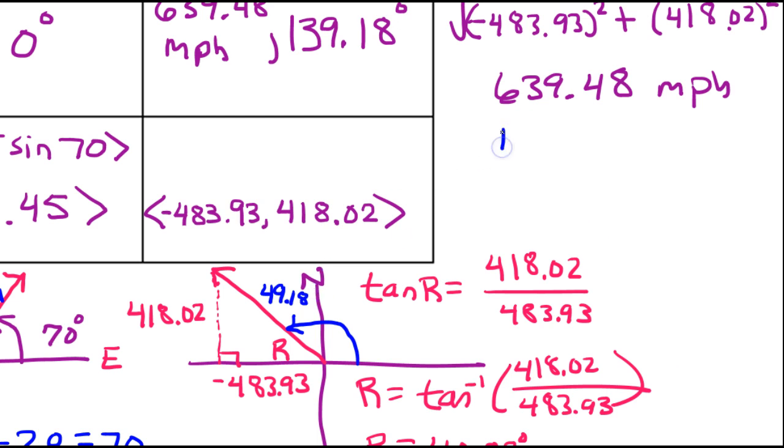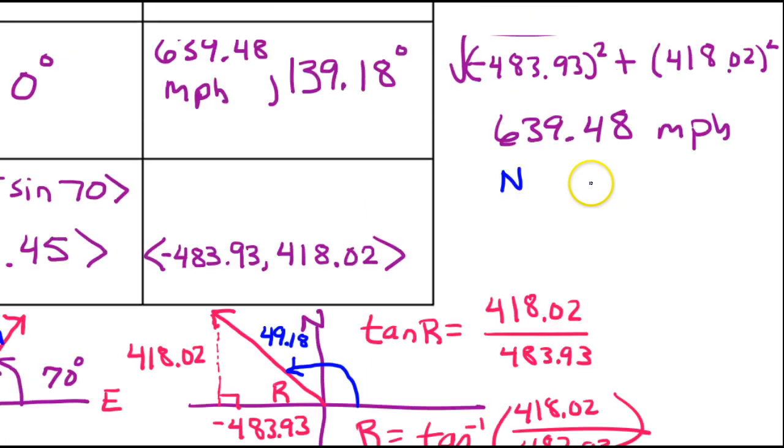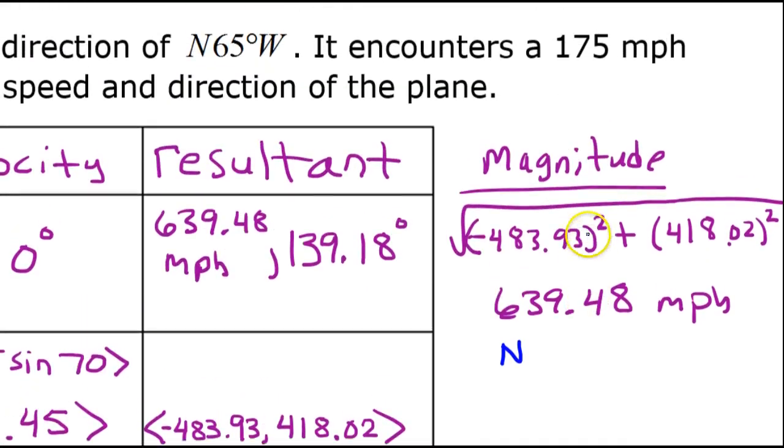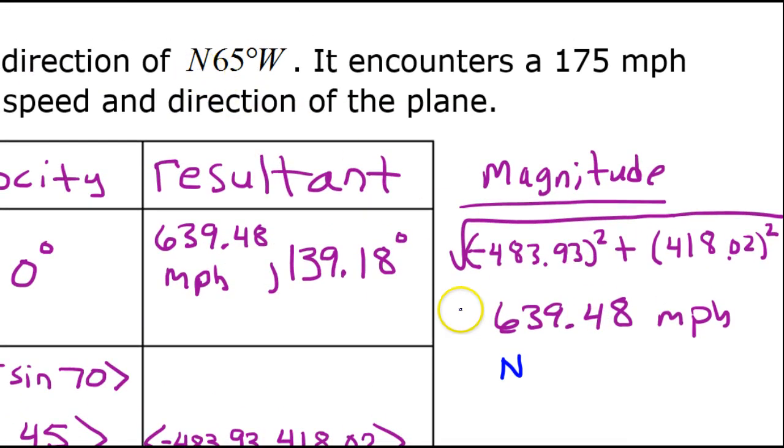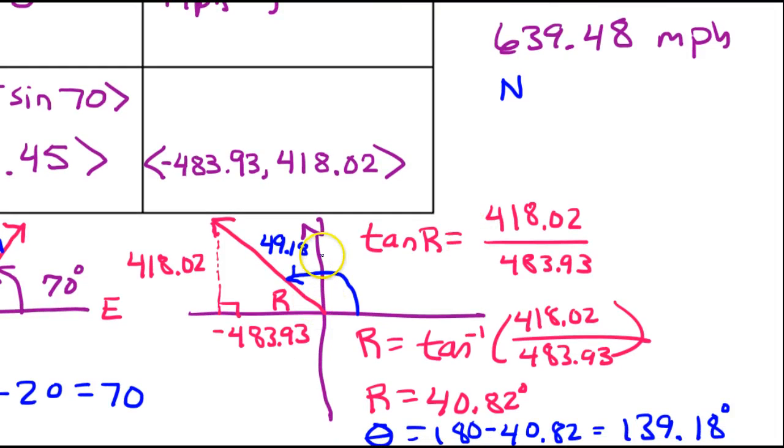So we need to start off by saying north, just like they did when they gave us our direction. Start off with north, and then we are to turn 49.18 degrees, that's how far we had to turn to get to the resultant from north.